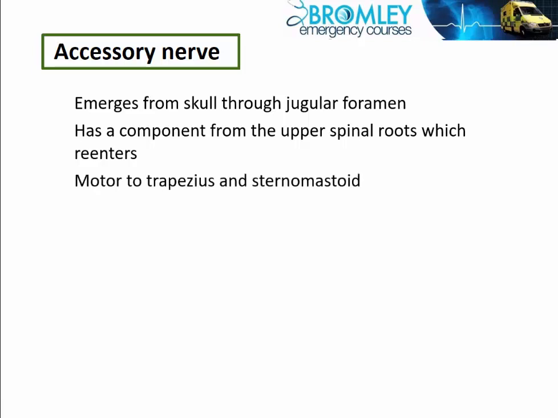They go up through the foramen magnum and then come out of the jugular foramen with the rest of the accessory nerve. And the accessory nerve, of course, is your motor supply to your trapezius and your sternomastoid. And of course, we test the accessory nerve by asking the patient to shrug their shoulders or to turn the head to one side or the other and resist movement, because we're resisting then the activity of sternomastoid.